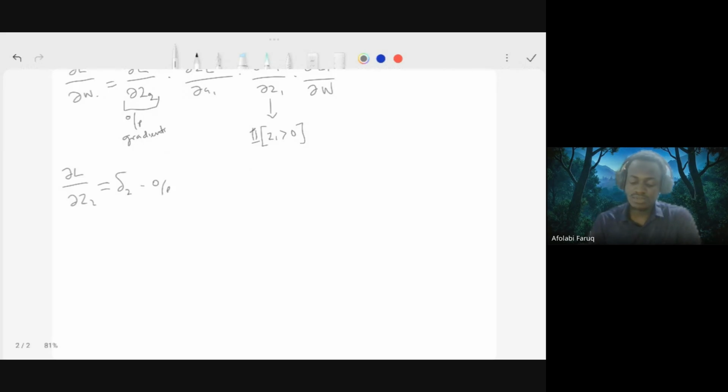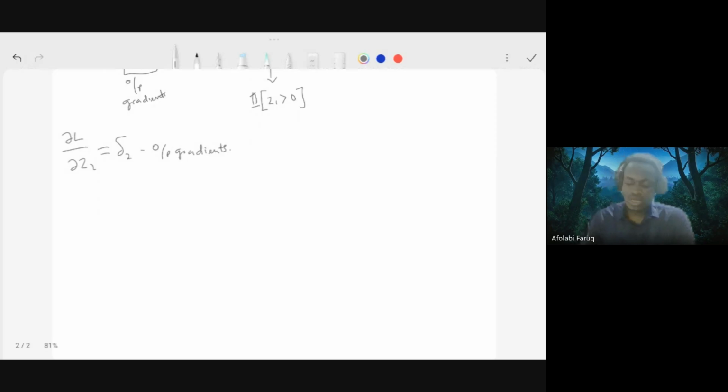Let's say the output gradients. And then also we have Z2 itself, which is what we said was W2 A1 plus B2. And don't forget that I said this is the logit that is calculated after the nonlinear transformation.